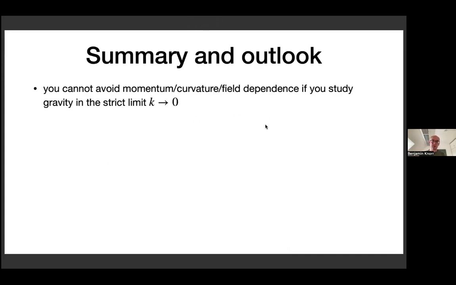Very good. So to summarize, I think this shows that you cannot really avoid some kind of momentum dependence. Also, curvature or field dependence should work in a similar way. I didn't go into the details, but I think you need some physical quantity that can gap these logarithms and that you do not expand in, if you want to study gravity in the strict k to 0 limit.